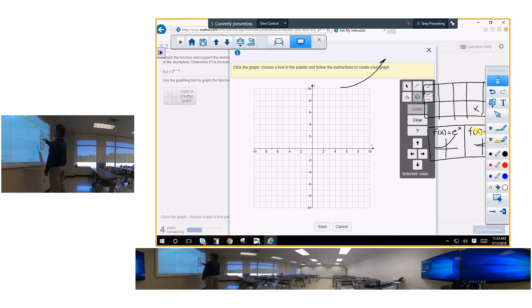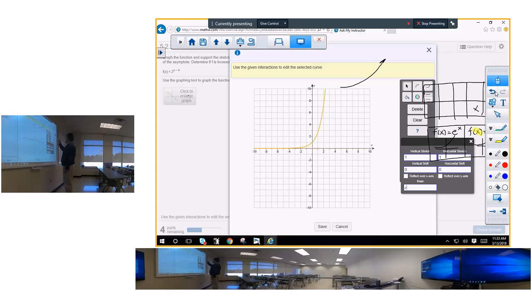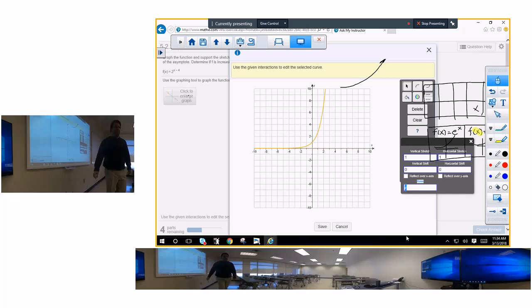And you know that your function swoops up, so you would hit this function and tap on the graph, and there it is. Now, you can change this to a 2 if you wanted to, but it's the same thing. You're going to see backspace, change that to a 2. Well, it's not letting me change it.